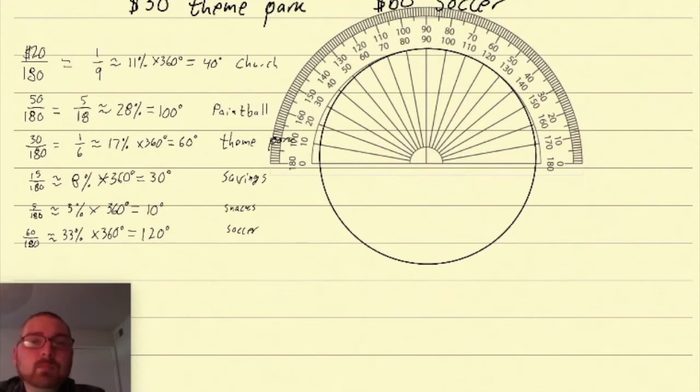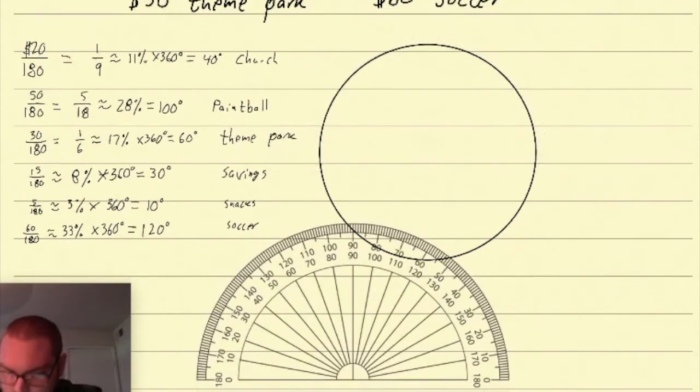So from this point, I need to find a 40-degree angle. So 40 degrees would be like right here. Now, one problem with this protractor is I can't write on it. Anything I write on it gets deleted when I move it.